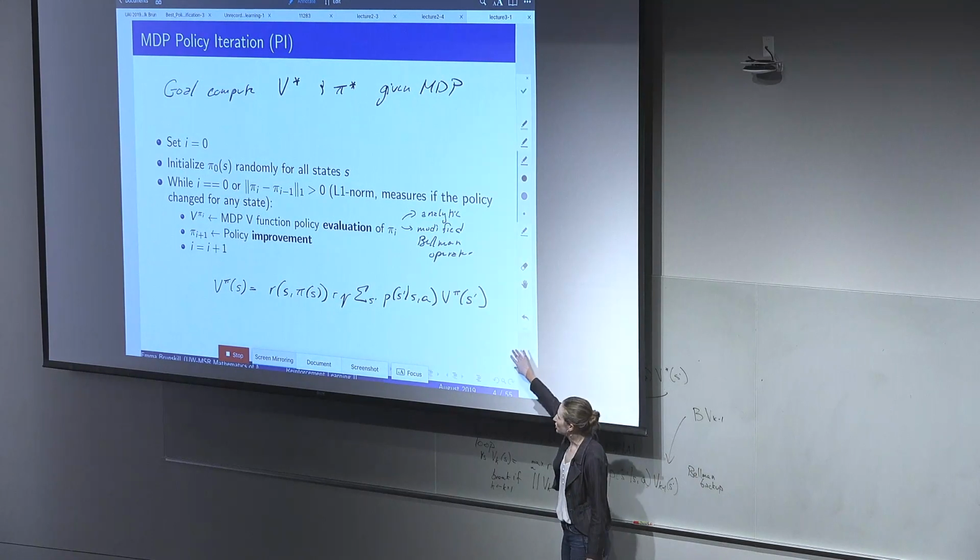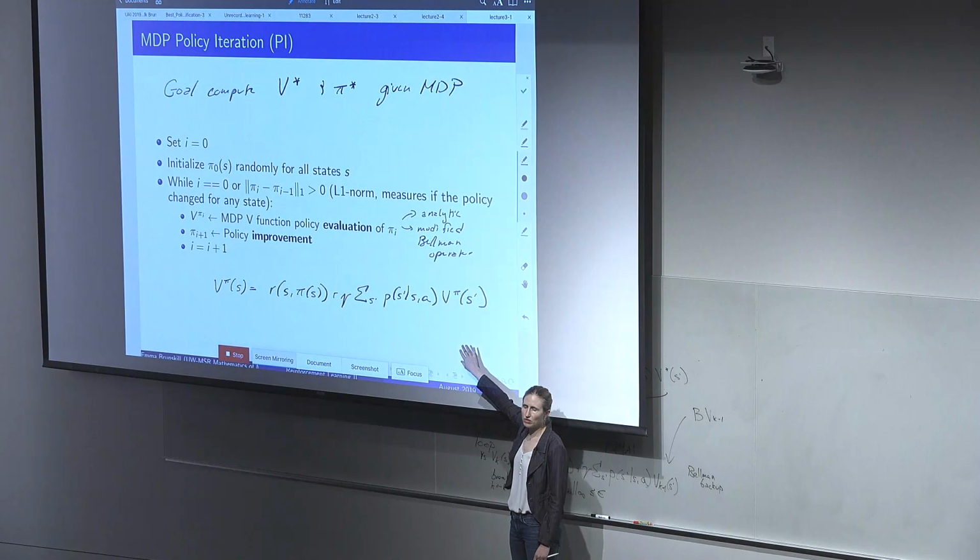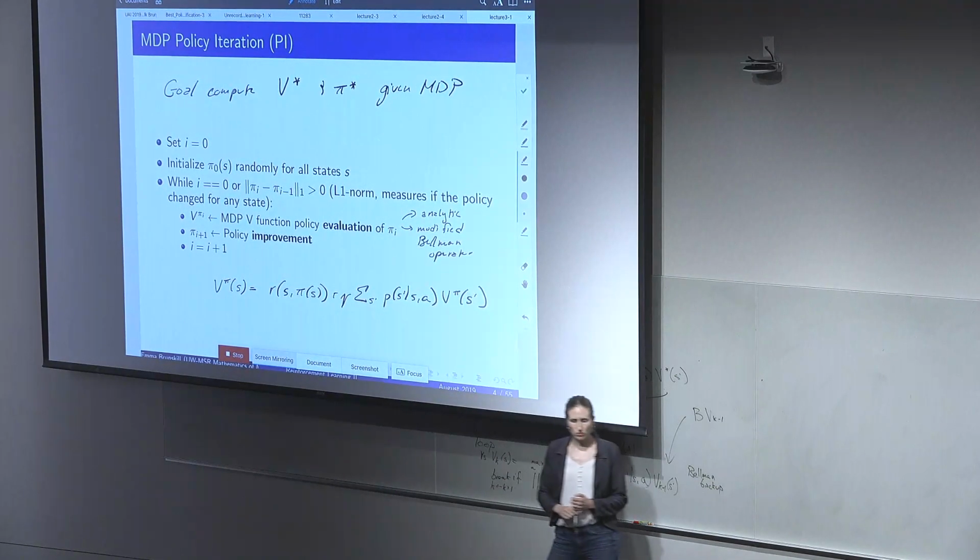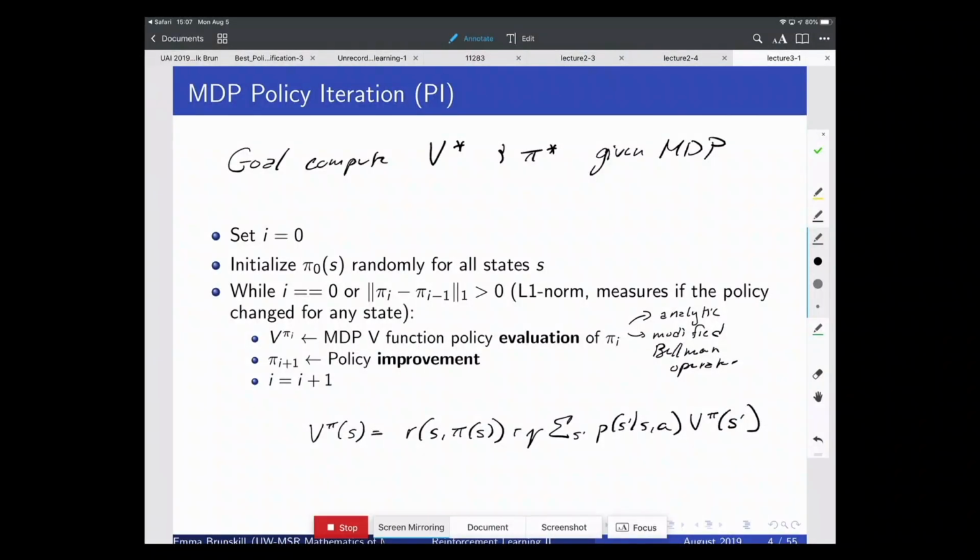So this is one thing you could do, this kind of dynamic programming backup approach. If you're in a finite state and action space, you can do this analytically because this equation no longer involves a max, so it's a linear equation. So the alternative to doing an iteration approach is that we can write this down in vector form. And this is equal to the reward for pi.